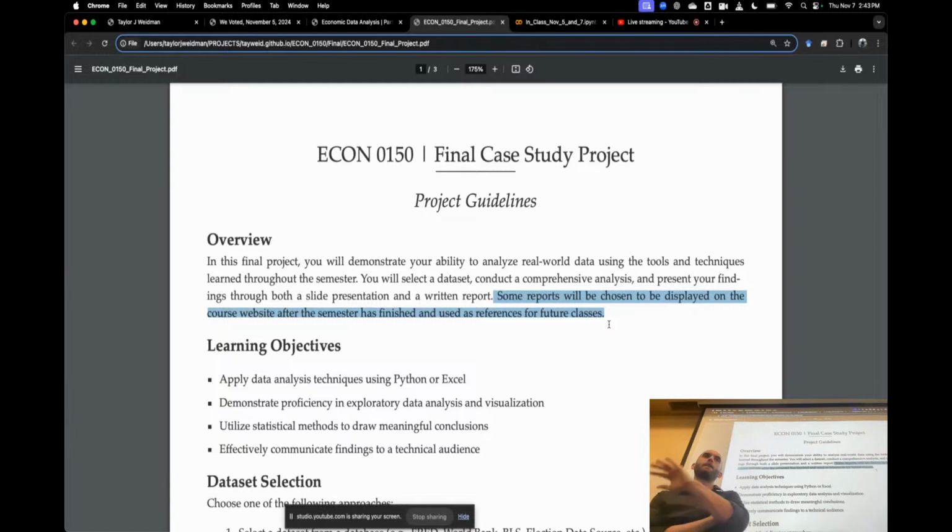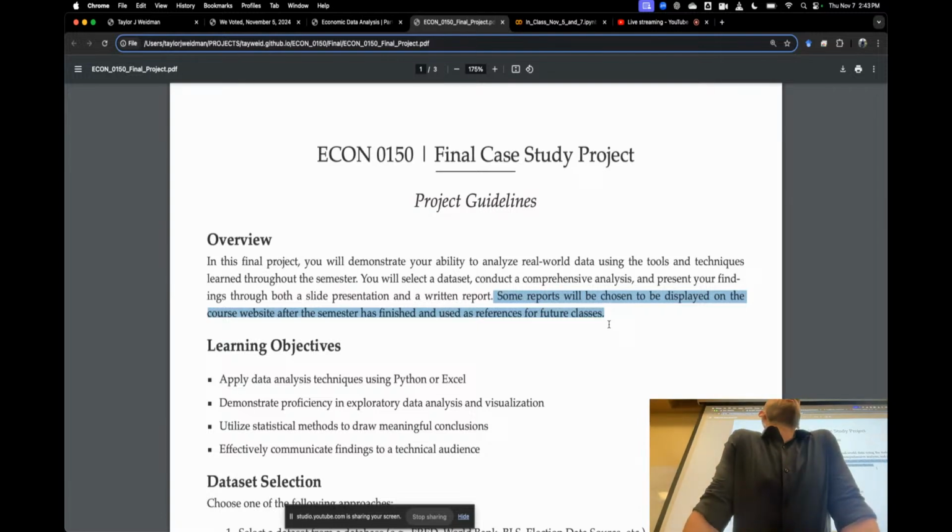This will only be by consent, so if you allow me to, I would love to post your slides or your figures on the ECON 0150 page, so that students in future semesters can see some examples of excellent work. I like highlighting my students' work, and I'd love for you to feel good about your work and make it showable.